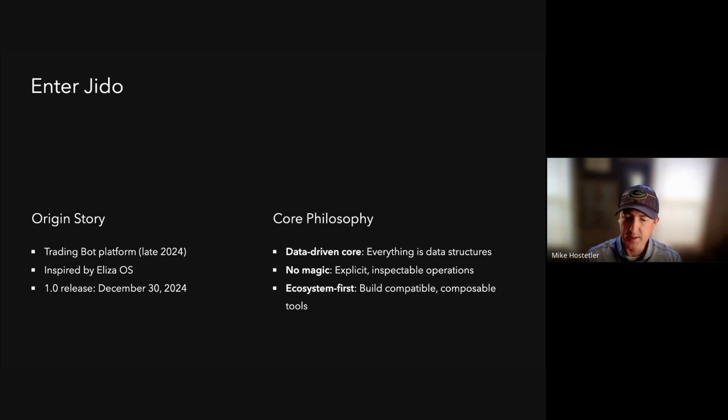And then the last piece is I really envisioned, inspired by Eliza, that the ecosystem would grow. So there's a lot of extension points in Jido. And once an action or an agent is written, you can easily share it.